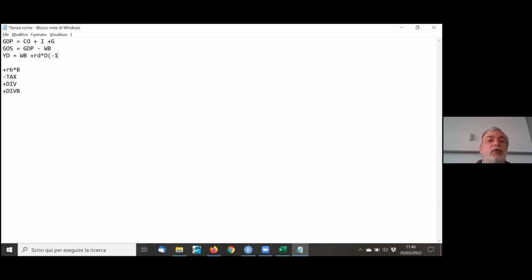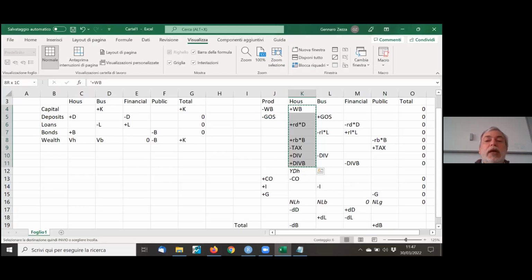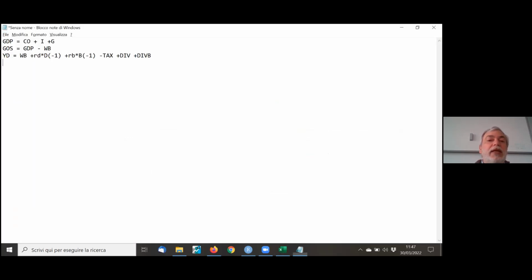And here we want to lag the stock on which we compute the interest payments. And then we have the net lending of households given by disposable income less consumption.